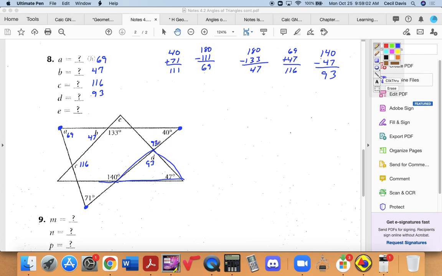And then let's see, if I went 93 plus 40, that's 133. So this exterior angle right here is 133. Remember, the exterior angle is equal to the sum of the two remote interiors, which means that this angle right here is 180 minus 133. Should be 47.